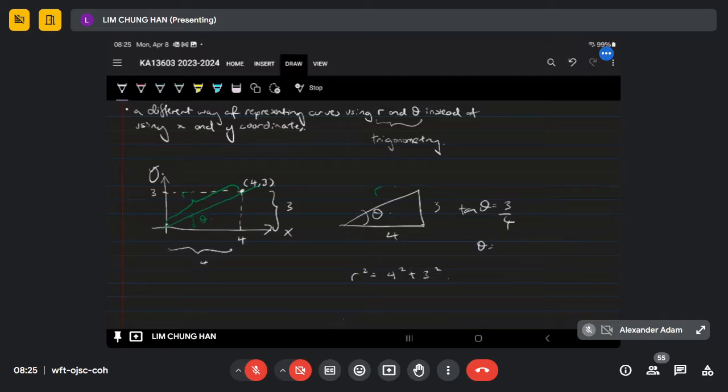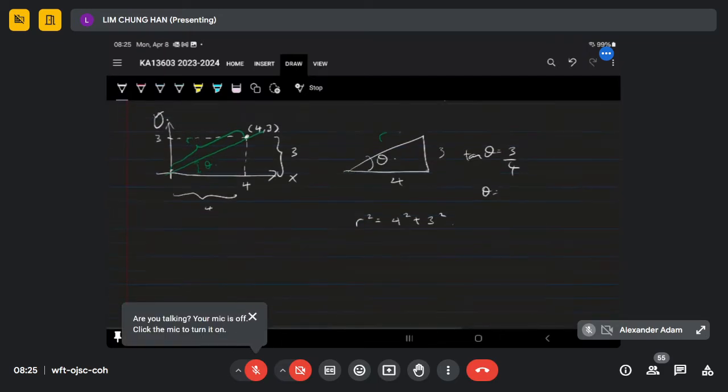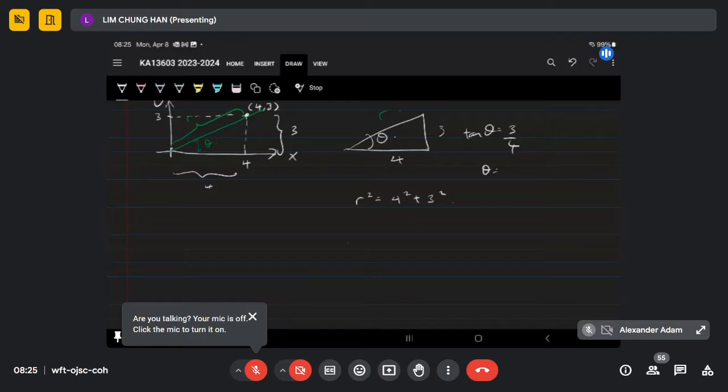So the way you measure polar coordinates, there are some rules you have to follow when you're representing these points using polar coordinates.